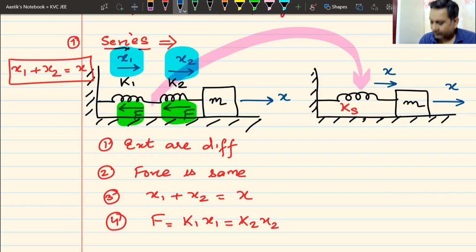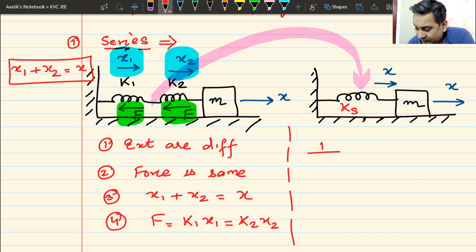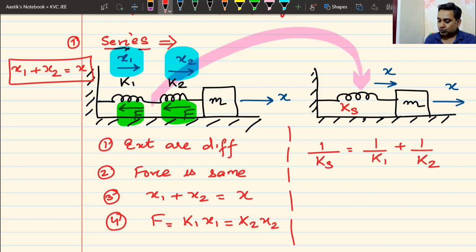Okay. Now what I'm going to do here, just draw a line. Now the spring constant Ks, if I have to find out the spring constant for this, how will I find it? 1 by Ks will be equal to 1 by K1 plus 1 by K2. This is how you can find out the value of the spring constant.